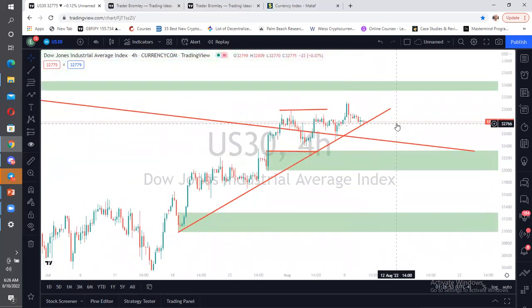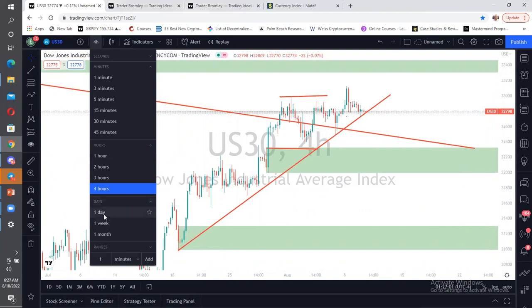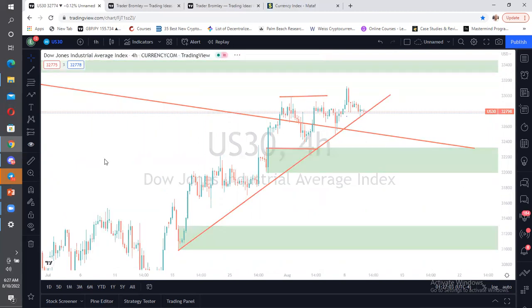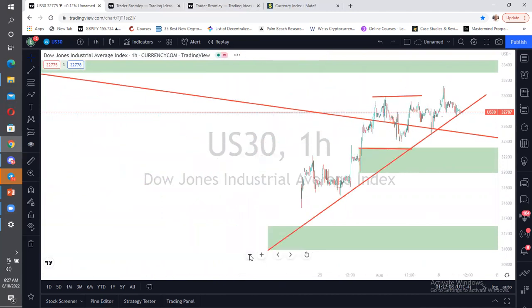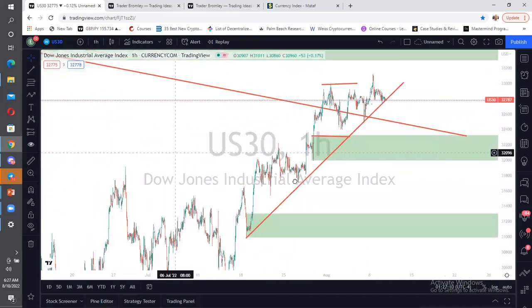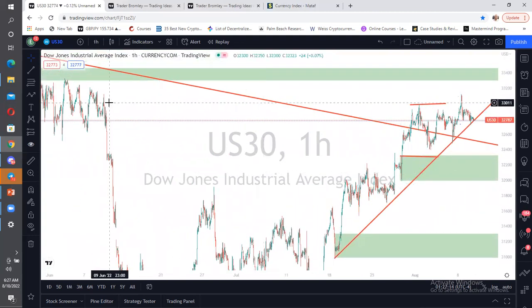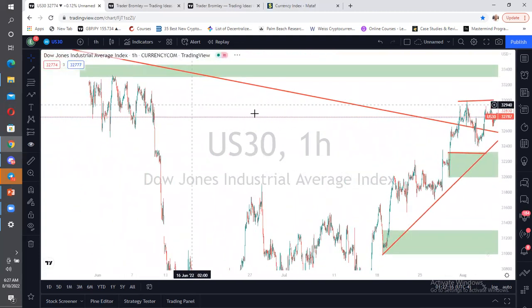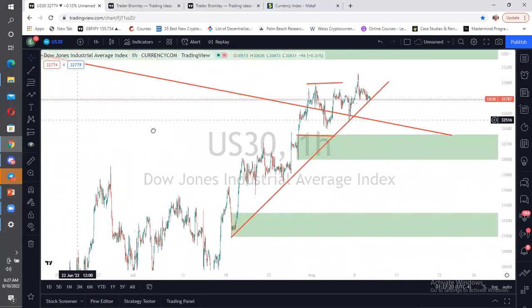Okay. Now, based on this, I know that there's liquidity here. Let's go to lower time frame, like 1 hour, and possibly zoom out at this chart. Market was mitigated here before we start seeing push to the downside.